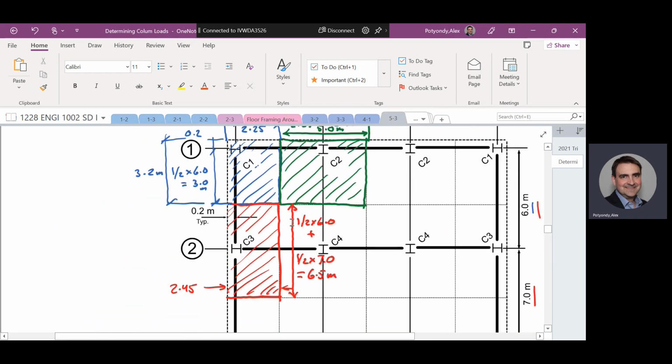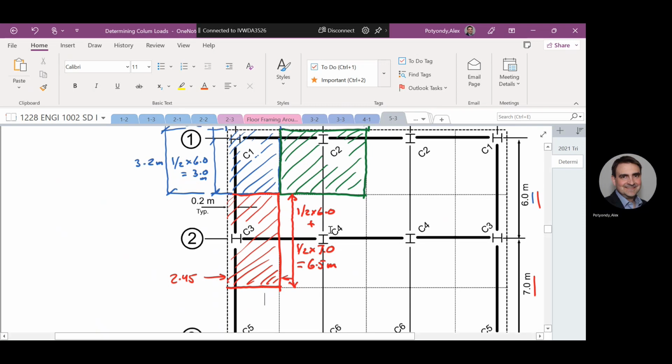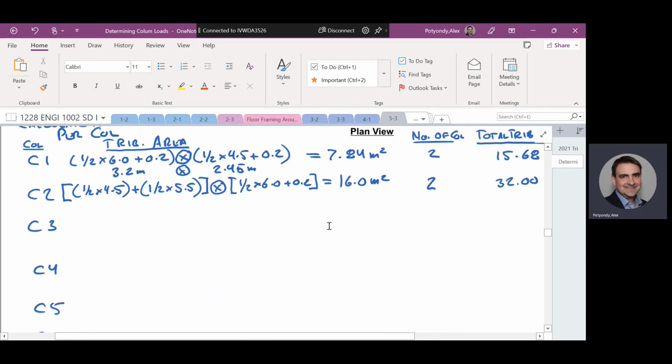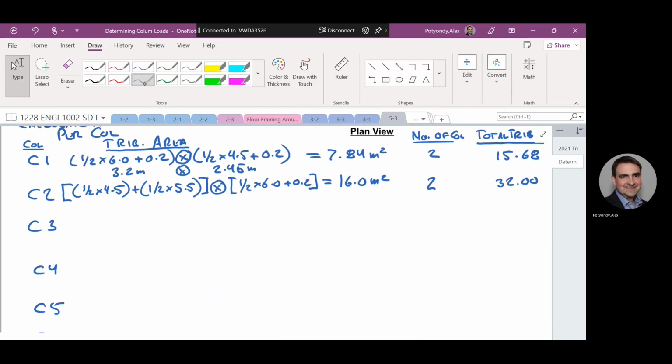You start to see that as we put this together, the tributary area for each column, as we've developed this, has to cover the whole floor plan. There can't be any overlap, and we can't miss any areas. So for C3, I'm going to write it in here. Calculation down here. And it is 1/2 times 6 plus 1/2 times 7.